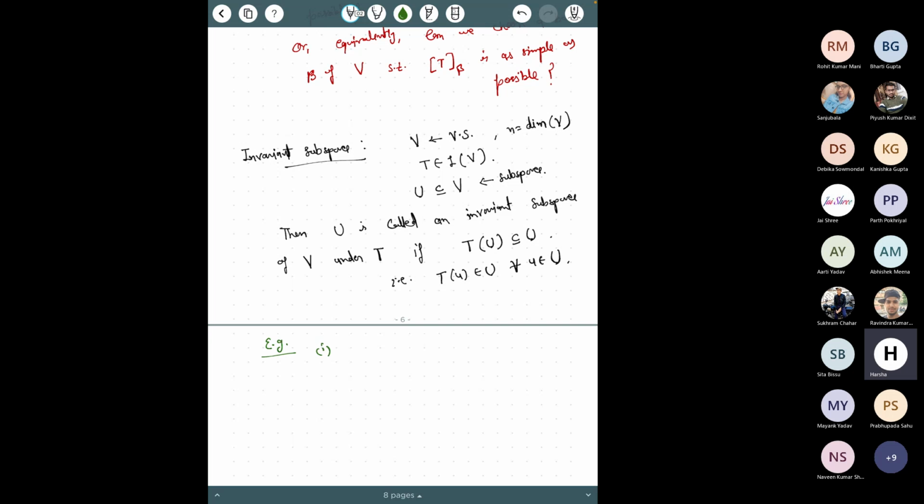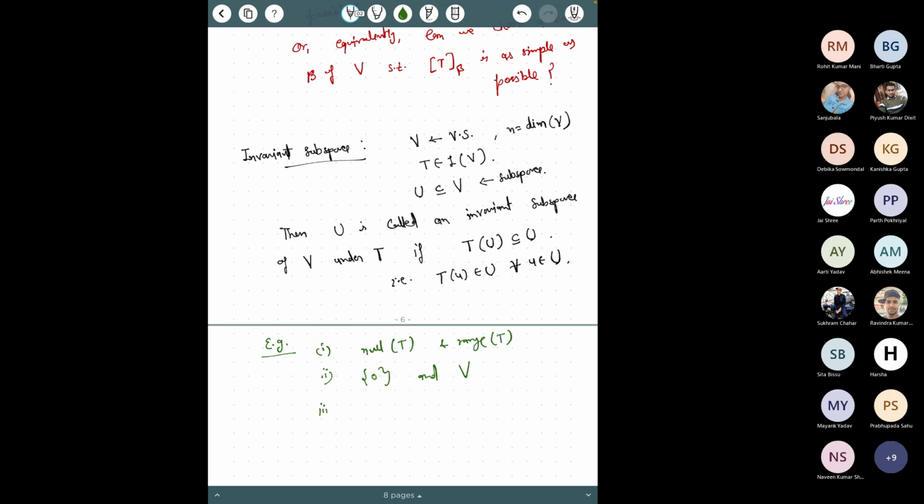You can check that the null space of T and the range space of T, for any linear operator on a finite dimensional vector space, are invariant under T. So they are invariant subspaces. Similarly, you can take the trivial subspaces 0 and the vector space V itself. They are also invariant under any operator T on the vector space.